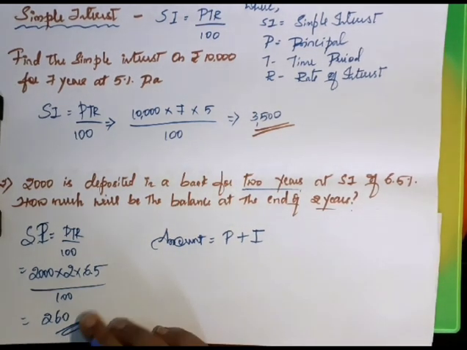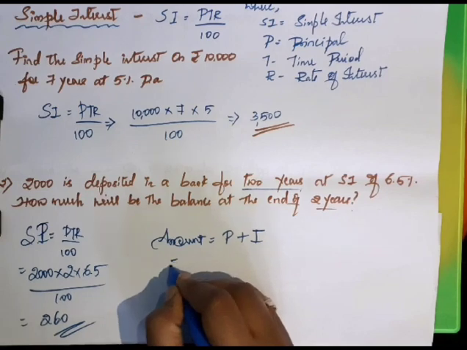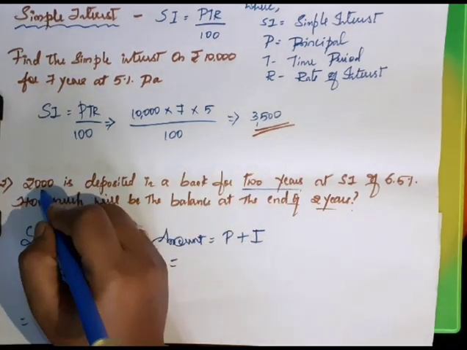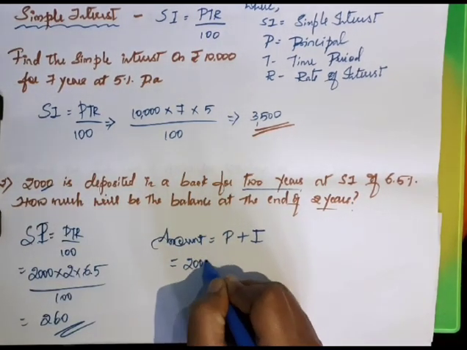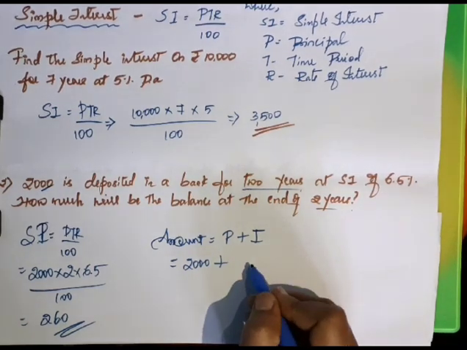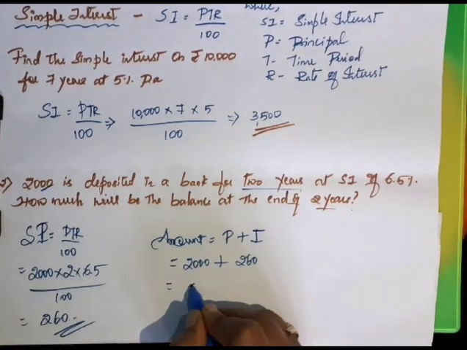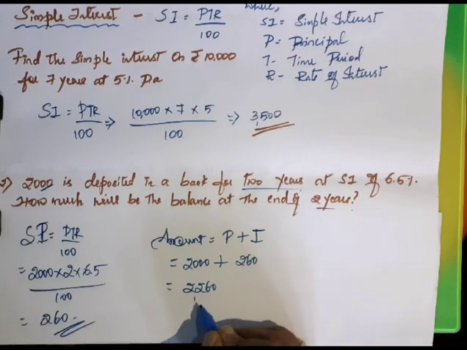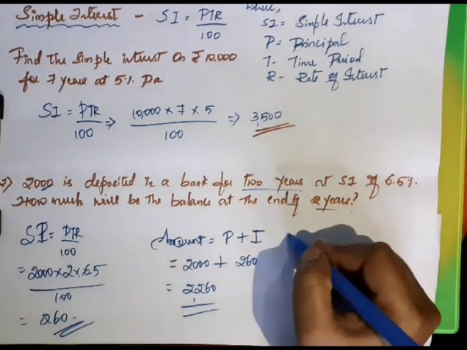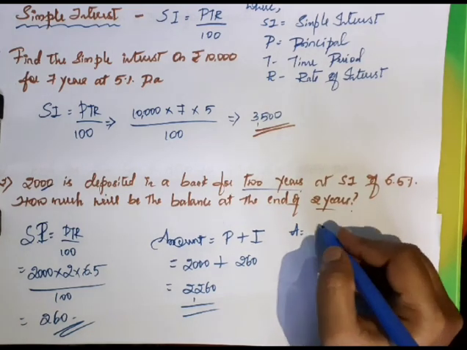I stands for the interest, whatever you have calculated, the simple interest. So in this sum, the principal is 2,000 rupees plus I, the interest, 260 we got. So this is one way of calculating the amount.